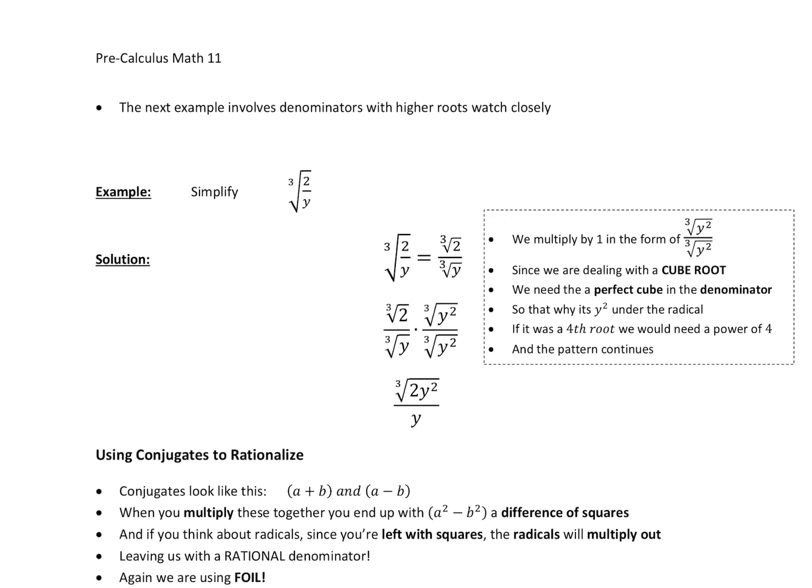Now here's where it gets a little bit interesting. If you have a higher root, you can see the example there, but the difference is I used the cube root of y squared. Well, why did I do that? Because think about these as exponents. You have 2 to the 1/3 over y to the 1/3.